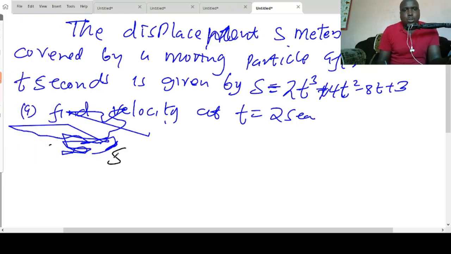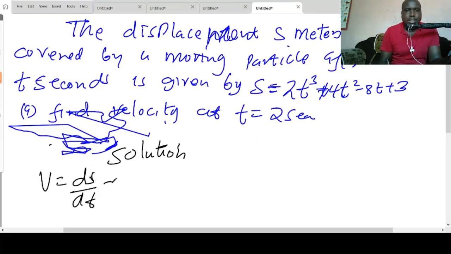So solution. We want velocity when t is equal to 2 seconds. So velocity is equal to ds over dt. Let us differentiate this one.